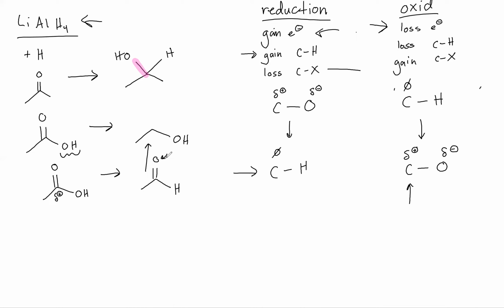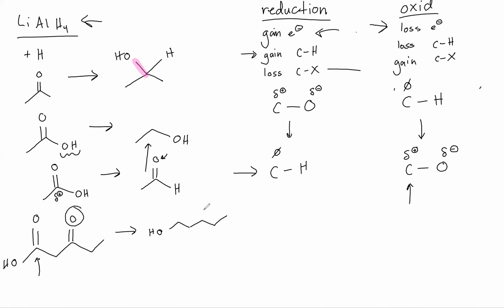Okay? All right, so with lithium aluminum hydride, if we have multiple oxygen groups in the same vicinity, in the same molecule, and we react with lithium aluminum hydride, all of these will be reduced all of the way. So this carboxylic acid will just simply become an OH group.